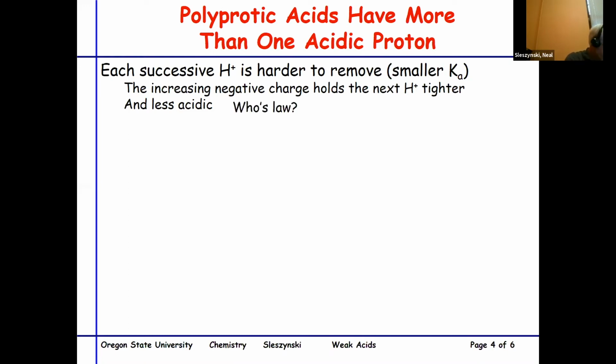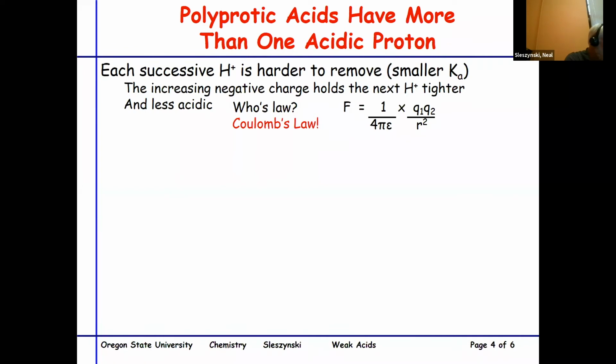Well, what law do we know that governs the attraction of positive and negative charges? Well, that would be Coulomb's law, shown here, as we've looked at many times before. As the base molecule continues to lose hydrogen ions, H+, the base molecule continually becomes more negatively charged.